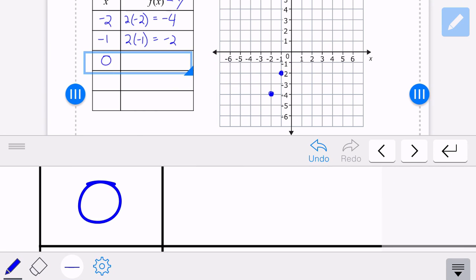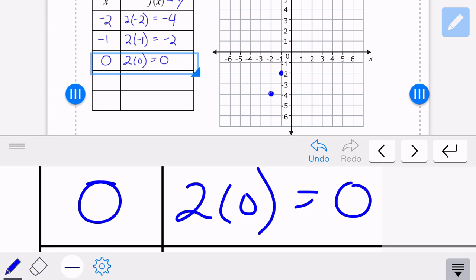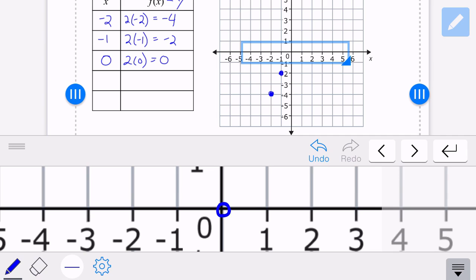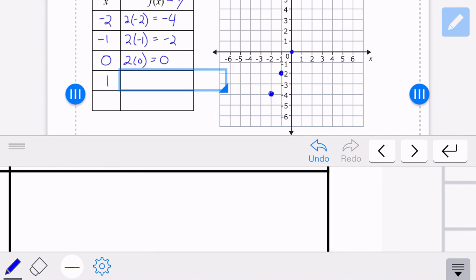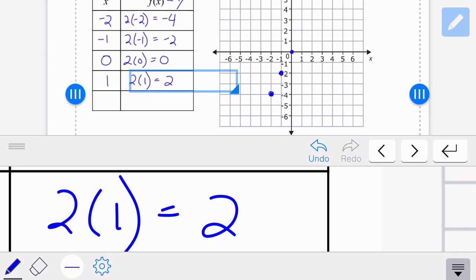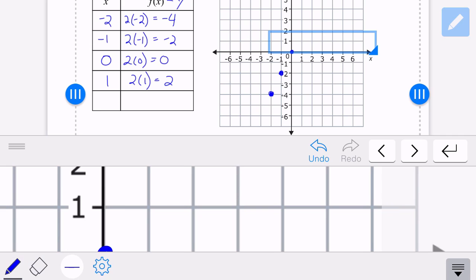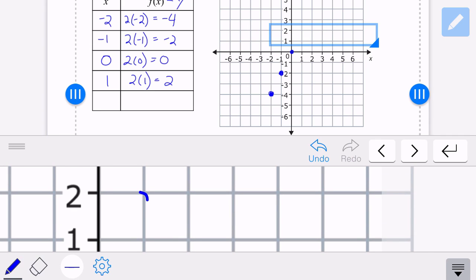And then we'd have 0. 2 times 0 is just going to be 0. So then we would have our point at 0, 0. And then 1, we would have 2 times 1 for our function, which would be 2. So then we would have the point 1, 2. Would be up here.